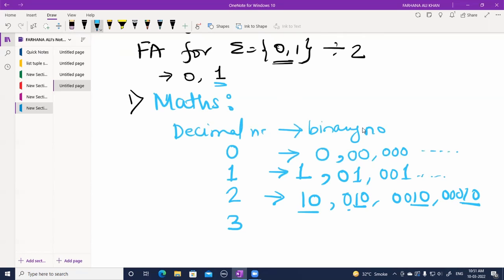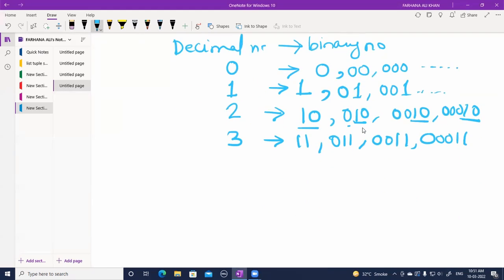Now we have number 3. Number 3 can be represented as 11, or it can be written as 011 or 0011 and so on. Then number 4 is represented by 100 or 0100 and so on. Number 5 will be 101. Number 6 will be 110.